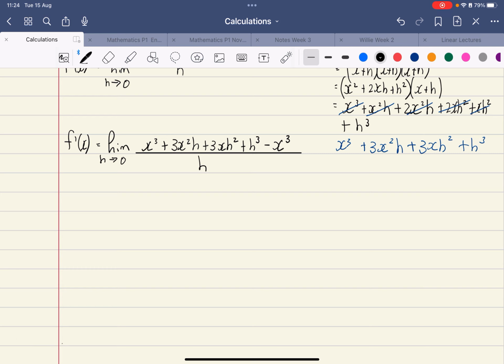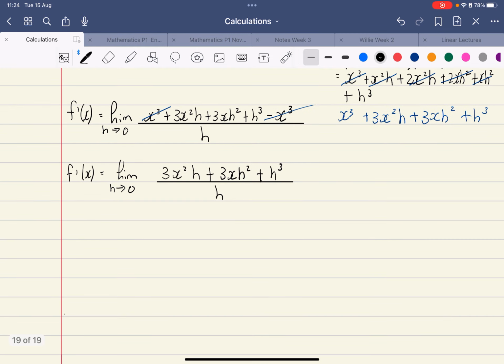We can see now that x cubed will cancel. So we rewrite. What do we have? The limit as h approaches 0 of 3x squared h plus 3xh squared plus h cubed, all over h.